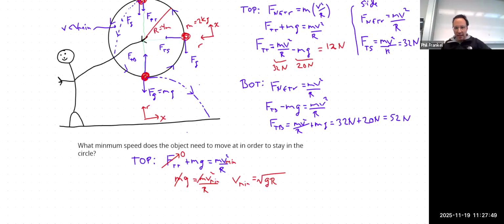It only has to do with the gravitational field and the radius of the circle. In this case, we can find this value because the gravitational field is 10, the radius is 4, so we have the square root of 40, which is somewhere between 6 and 7. I'm going to say it's about 6.8 without taking out a calculator, about 6.8 meters per second.